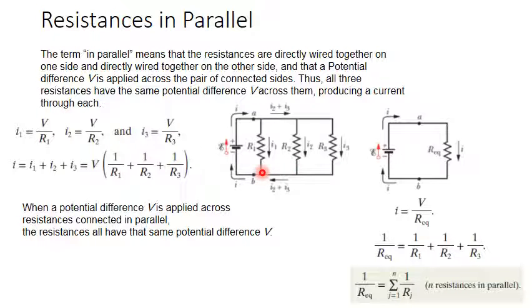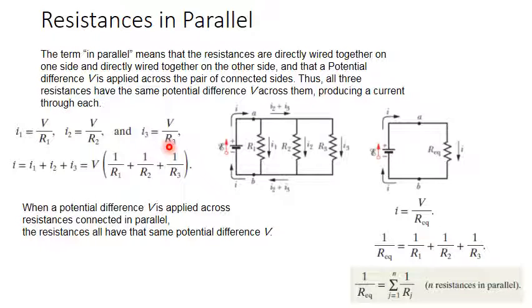Okay? Alright. So for the case of resistances in parallel, the current I1 would be V over R1, the current I2 would be V over R2, and the current I3 would be V over R3.